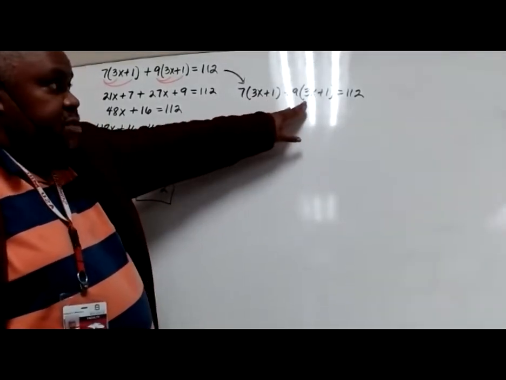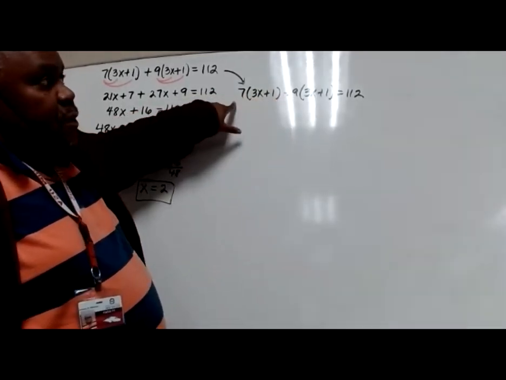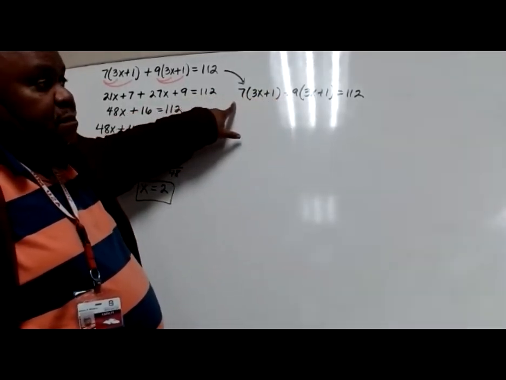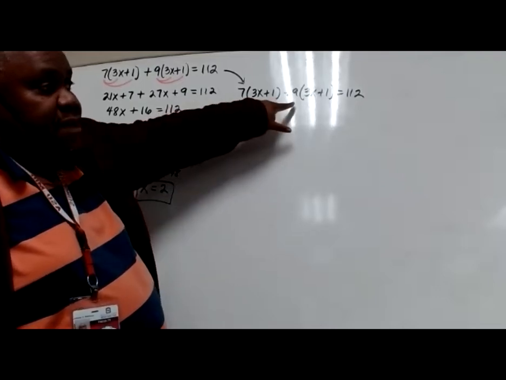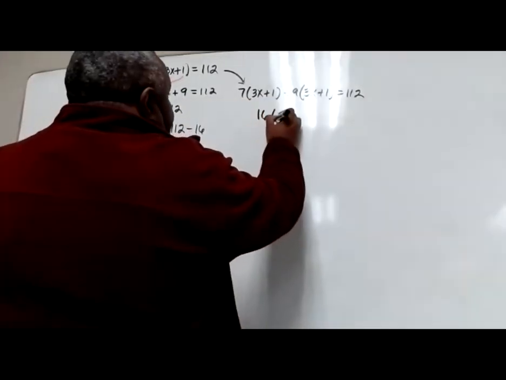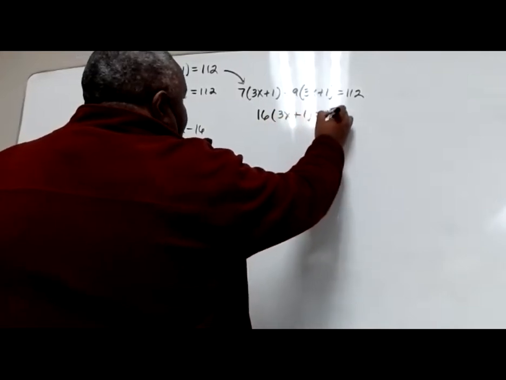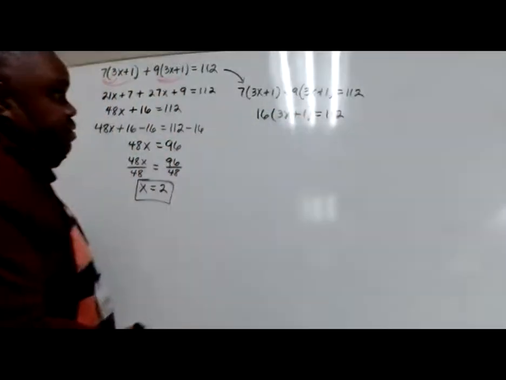These are like terms. Would it be easy to add the coefficients of 3x plus 1? I can add 7 and 9 together and I'll get how much? 16. So it'll be 16 times 3x plus 1, and that's equal to 112.